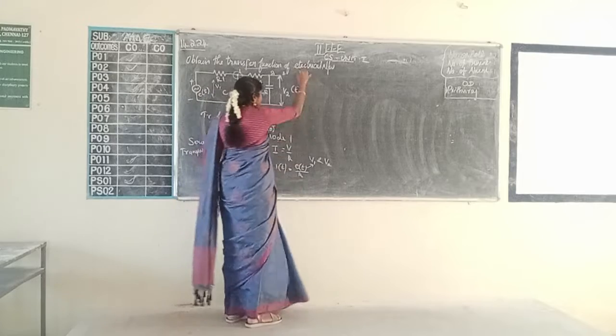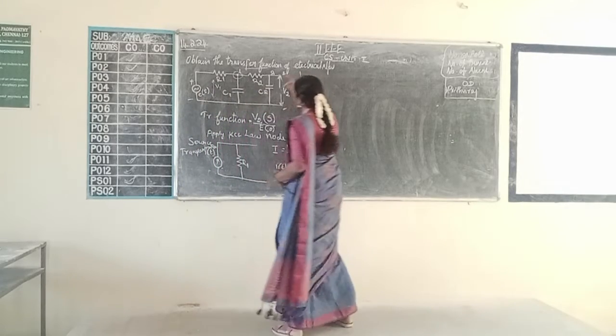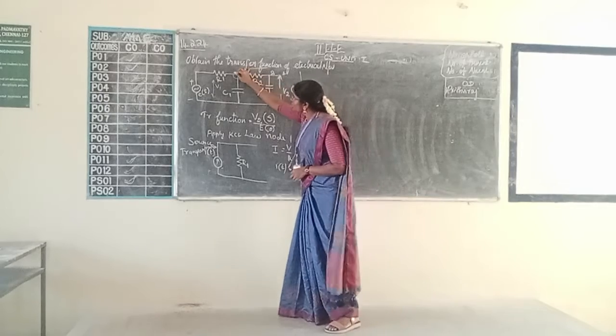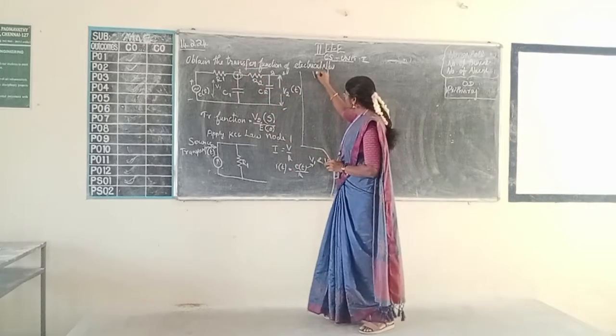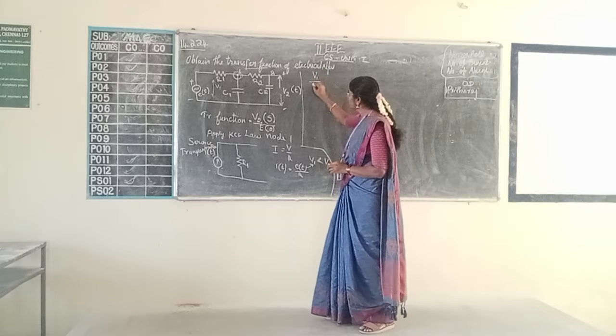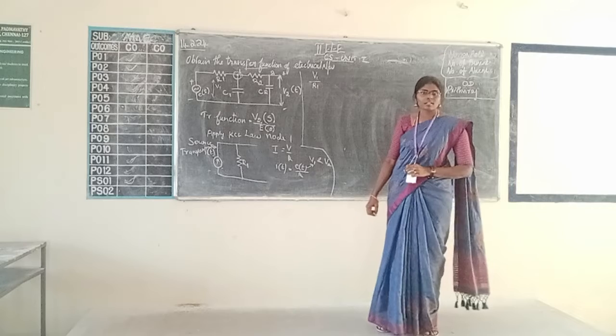Okay, so consider the first node. When you consider the first node, how will you write the equation? First V1 by R1. That is, the voltage across the resistance is V1.